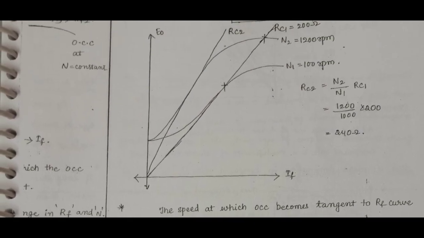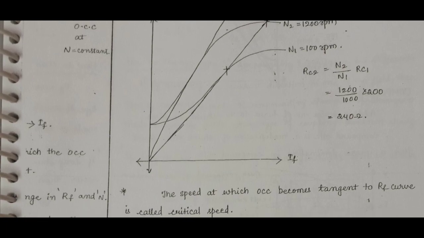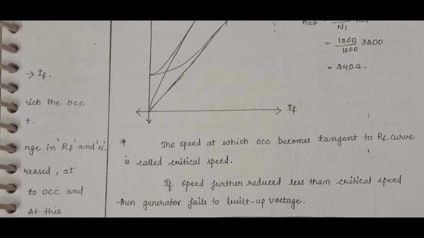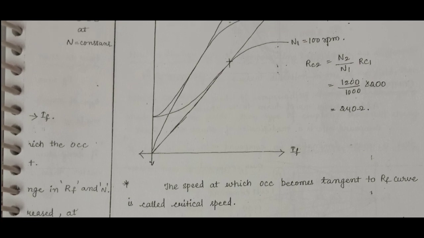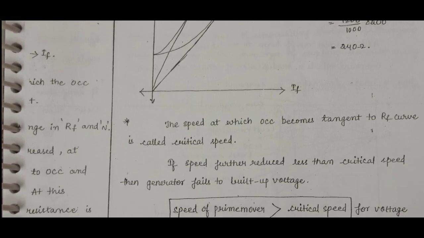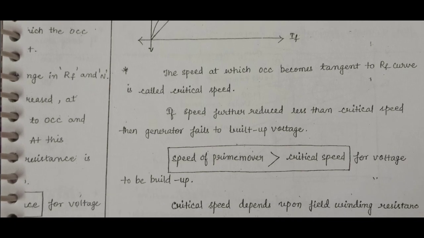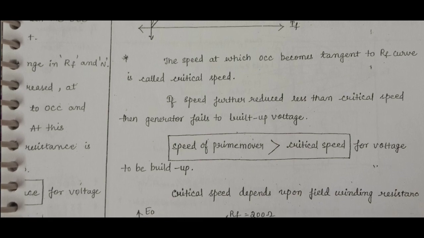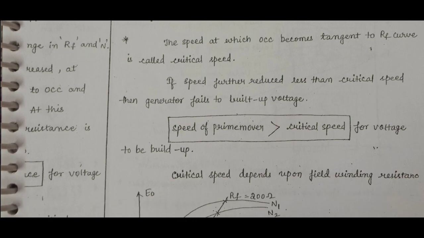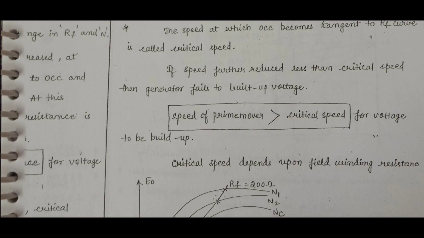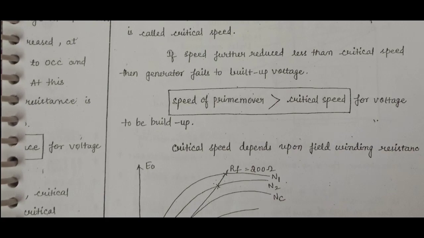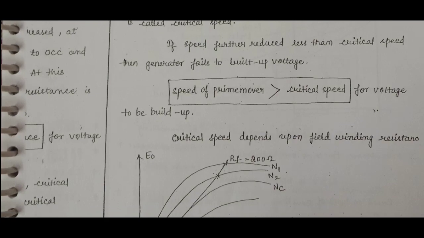If speed is further reduced to less than critical speed, then the generator fails to build up voltage. So here is the critical speed, where the RF line is tangent to the curve. That means the generator speed must not be less than the critical speed. The speed of the prime mover must be greater than critical speed for voltage to be built up.